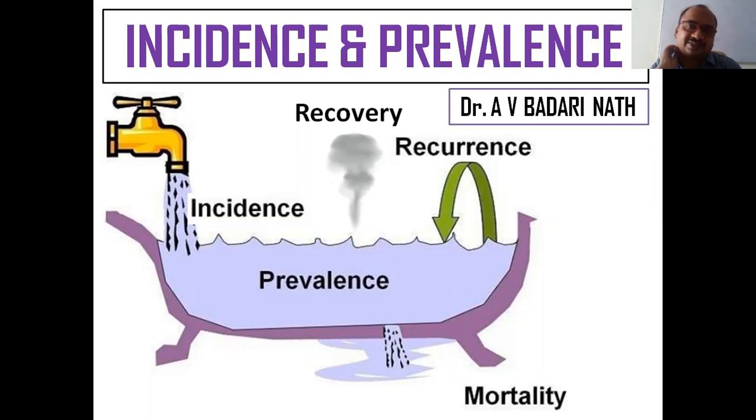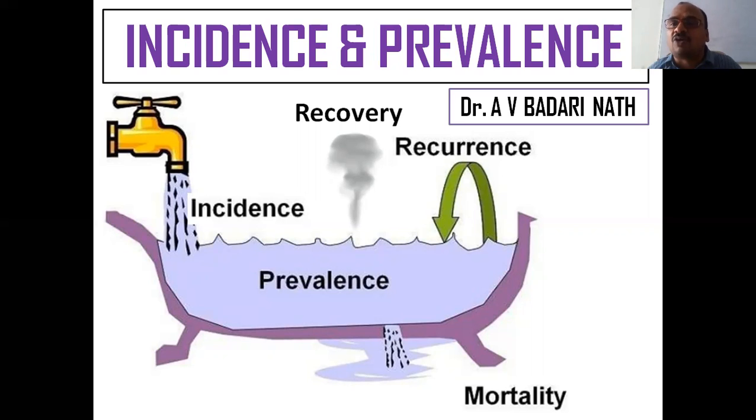I will give you an example. Corona cases. The number of corona cases in the particular month of December 2020 is called incidence. Whereas prevalence means the number of corona cases from December 2019, from the past 1 year.